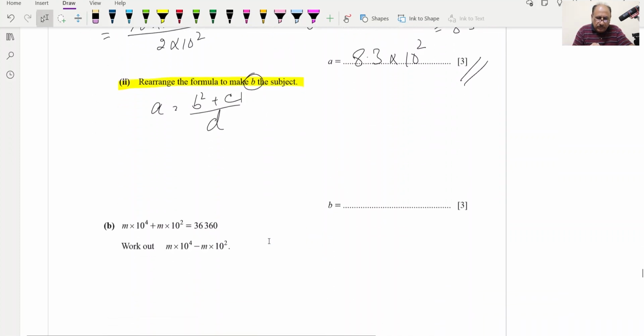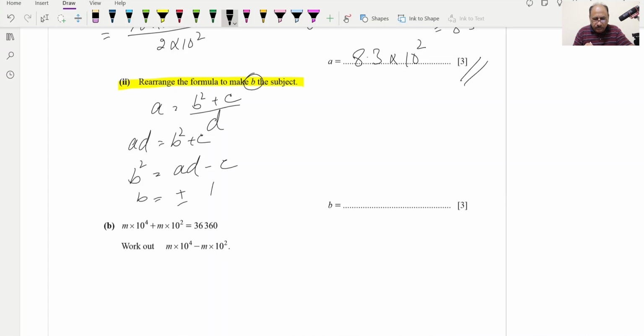So we can shift D to this side, so it will be AD is equal to B square plus C. Now we can shift C also, so B square is equal to AD minus C, and B will be equal to plus minus the root of AD minus C. This is a 3-mark question which we are done.